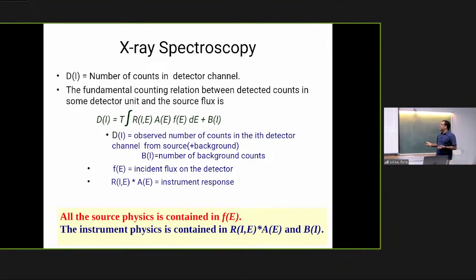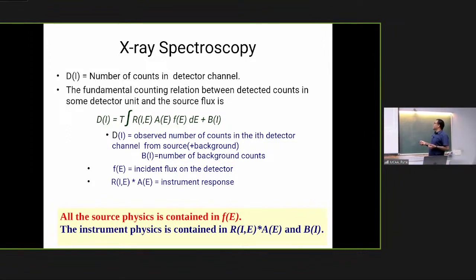When you look at this equation, the flux spectrum, which is our physical spectrum, is completely modified by these quantities, which essentially contain the instrument response, how the instrument responds to the X-ray spectrum. We will talk about it more.